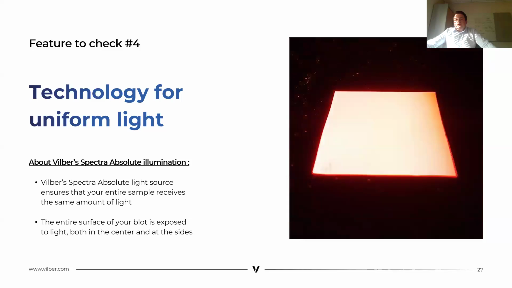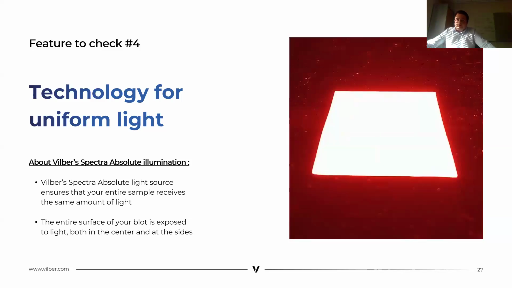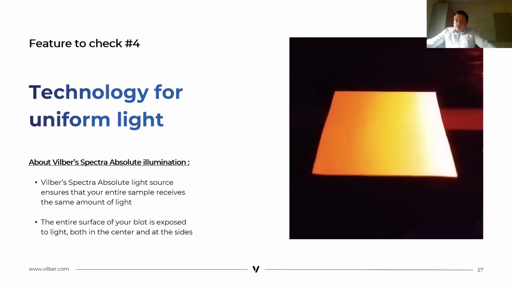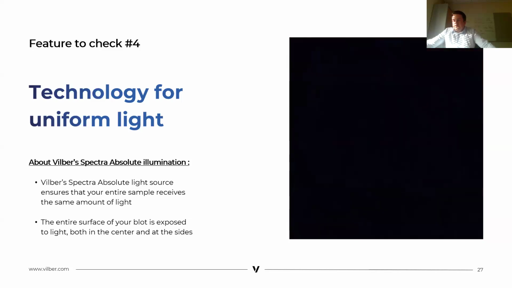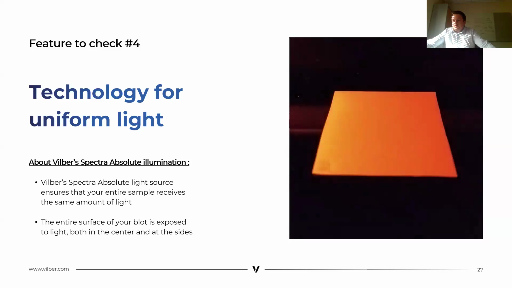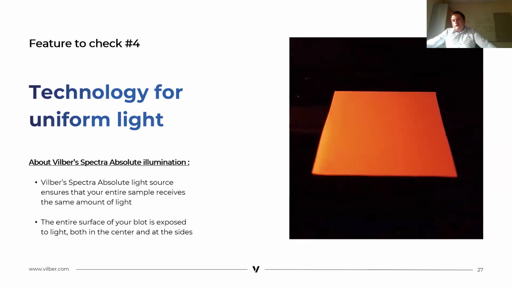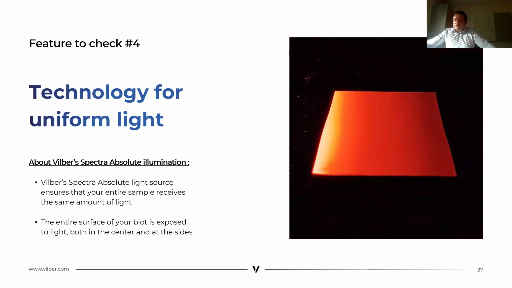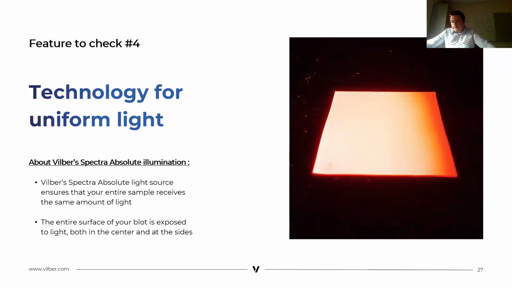To avoid that, as you can see on this slide, we have developed a new spectral excitation called Absolute Illumination. The idea is quite simple. The light source ensures that the entire sample receives exactly the same amount of light, and this helps eliminate intensity variations that could otherwise affect the accuracy of the analysis.